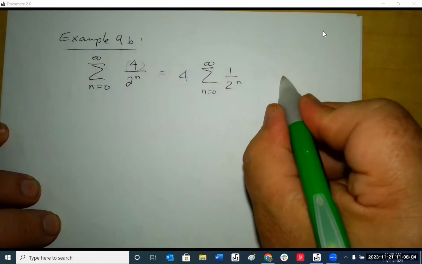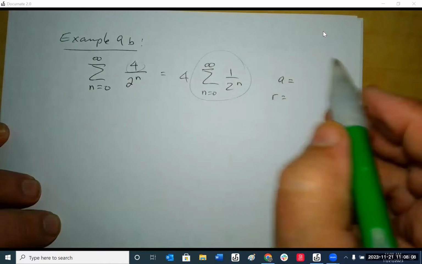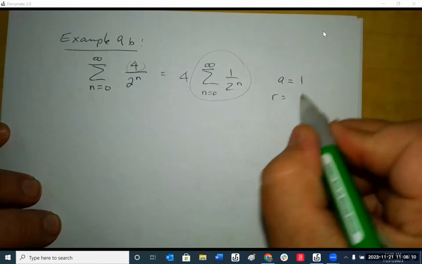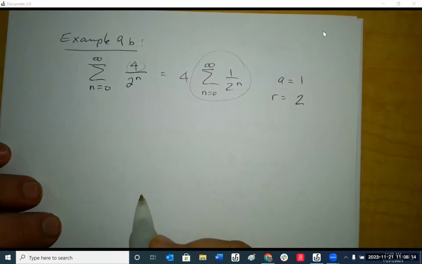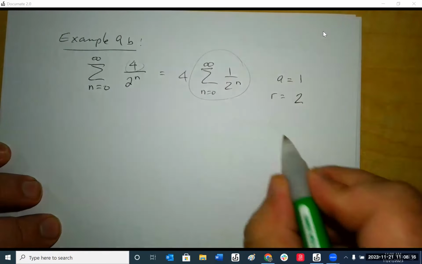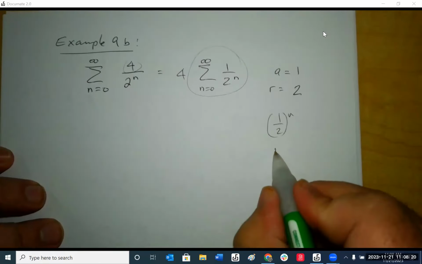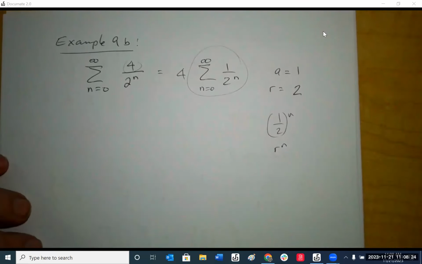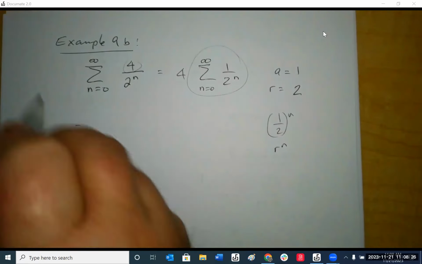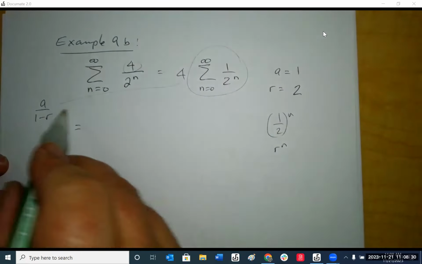Now we can figure out what A and r are for this one. A is 1, r is 2. Because this is the same thing as 1 over 2 to the power n, so this is r to the power n. Again, we use our formula to go from here to here.